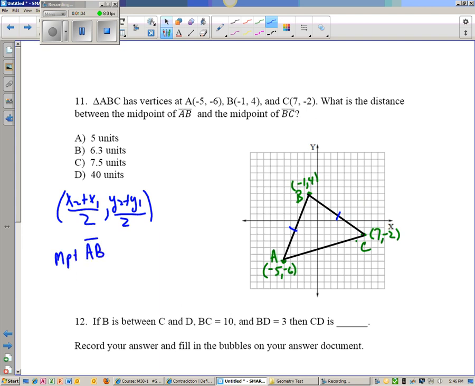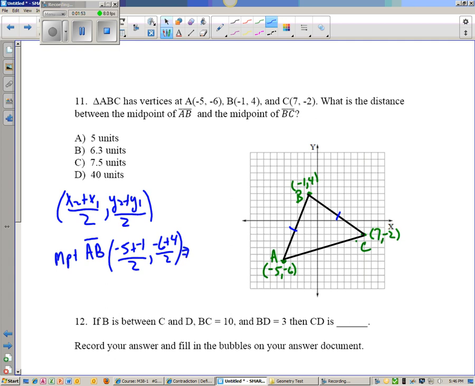So to find the midpoint of AB, I'm going to go ahead and plug my numbers in, which is going to be -5 plus -1 divided by 2. And then that's going to be -6 plus 4 divided by 2.